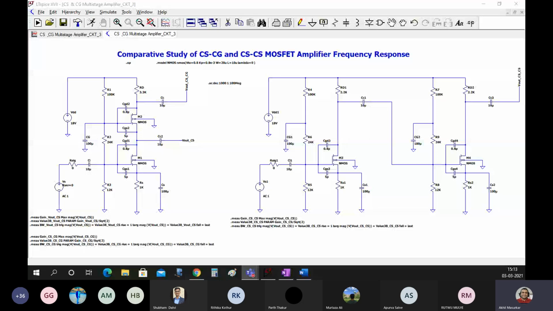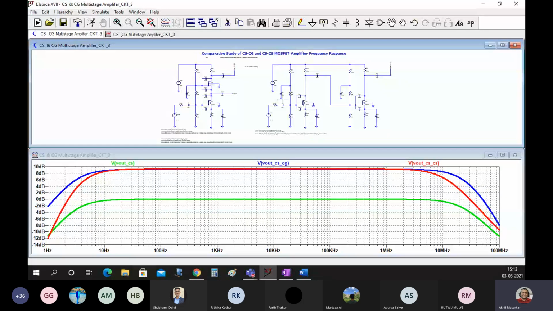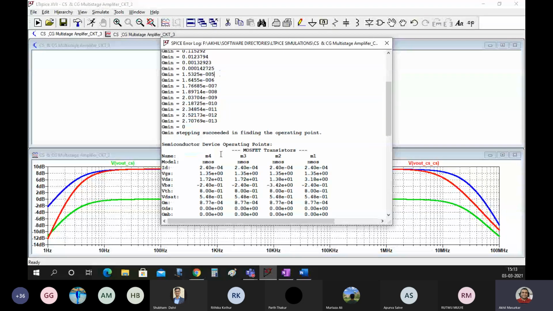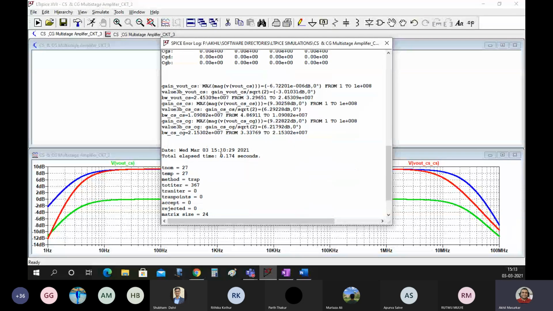I want you all to post like this now in the chat box. And you can go to View, SPICE Error Log. In the SPICE error log, you should see that this is the gain.